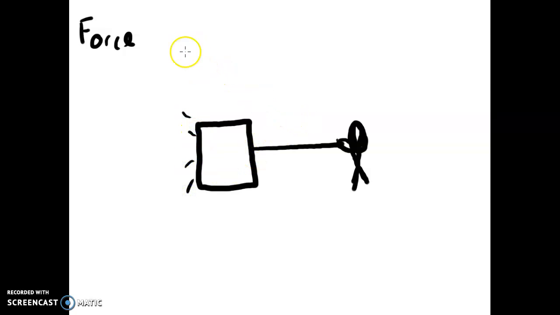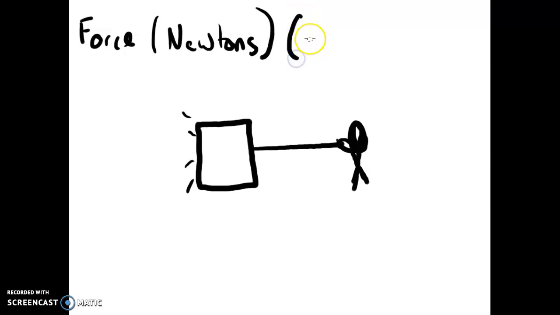We measure force in a unit called newtons. Okay. That's our standard unit. We can also measure force in pounds, right? This is the one we're all familiar with.